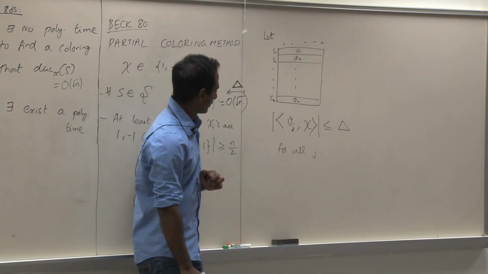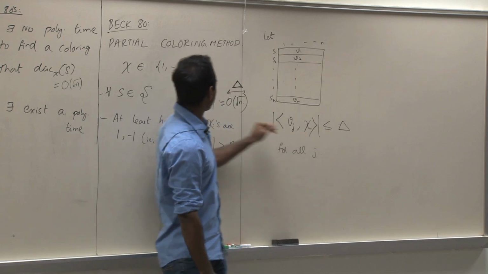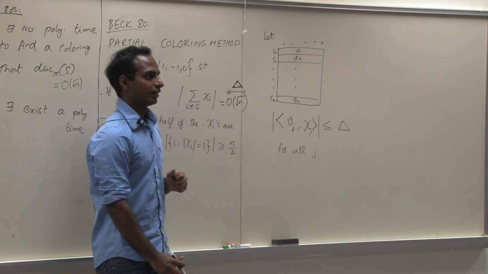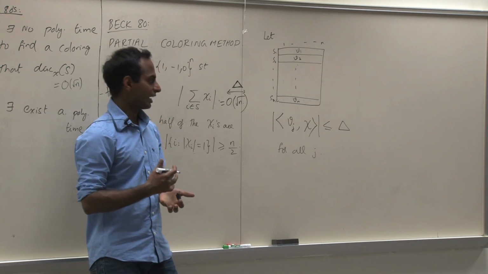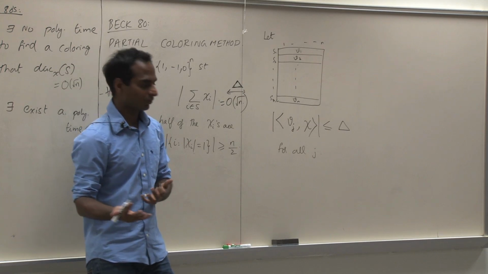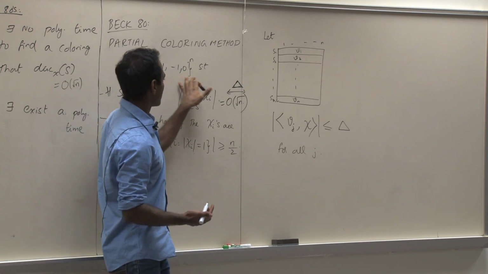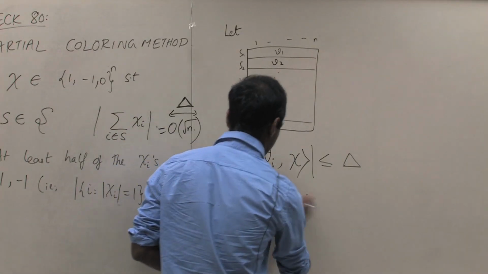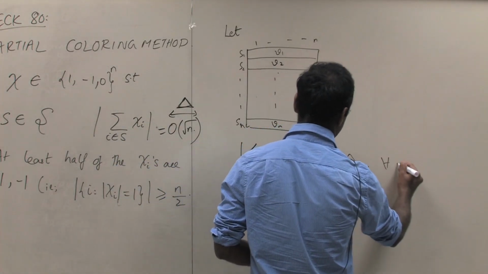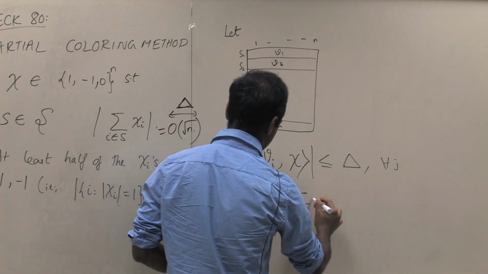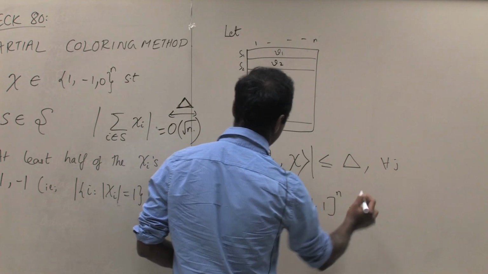These are the constraints we want, and we also want chi to be in {1, -1, 0}^n. And as we did for the Backfill algorithm, we are going to relax the problem. So instead of looking for a {1, -1, 0}^n vector, we'll start with chi in [-1, 1]^n.